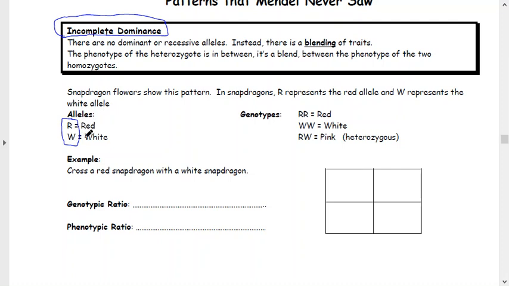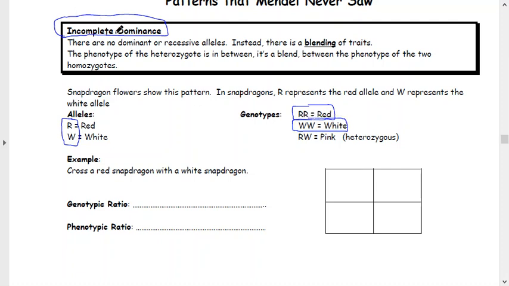Capital R is for red, capital W is for white. Notice there are no recessive alleles, therefore there are no lowercase letters. Both red and white are dominant to some degree. So if you're homozygous for the red alleles, you are red. If you're homozygous for the white alleles, you're white.